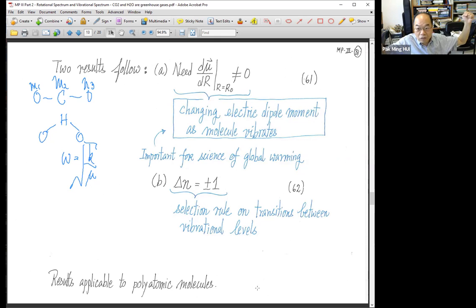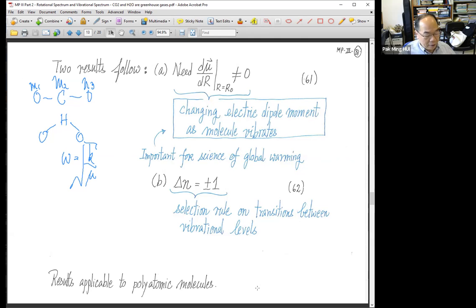In CO2 with this stretching mode, the electric dipole moment is not changing as the vibration goes on. So this particular mode cannot respond to infrared excitation. This is called infrared inactive.